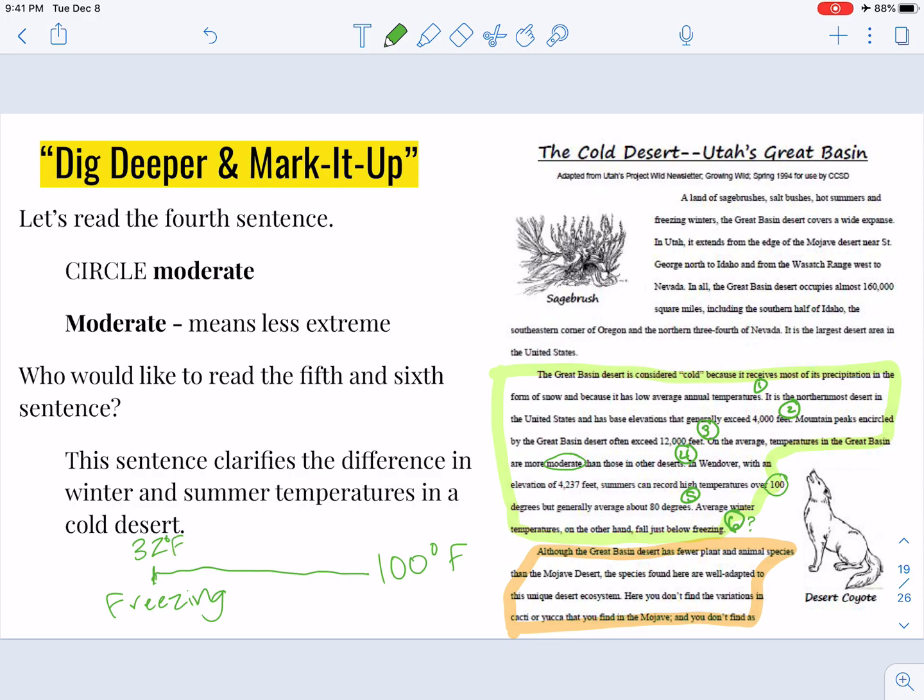That means that throughout the year, our desert could go all the way from being 32 degrees in January to being 100 degrees by June or by July. So in 6 months, I have an almost 70 degree difference. How crazy is that?